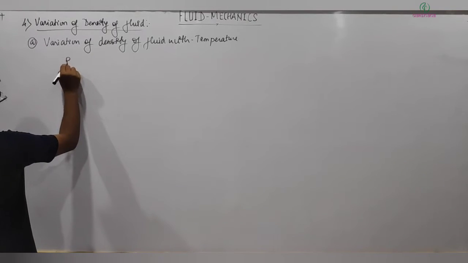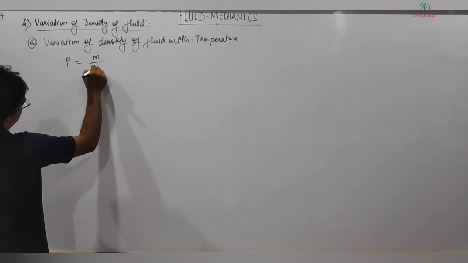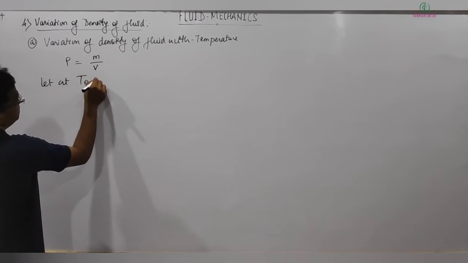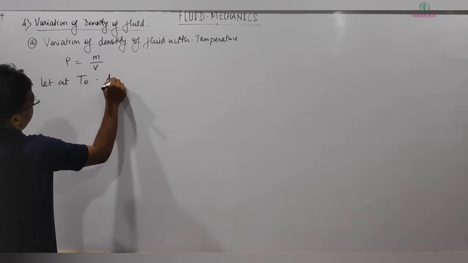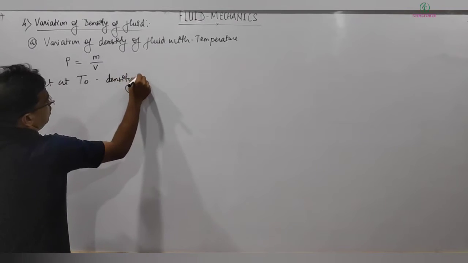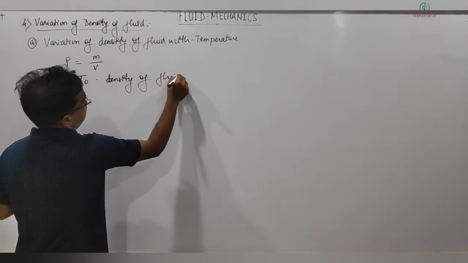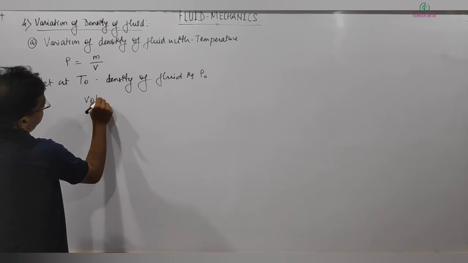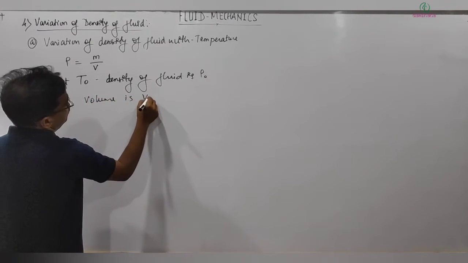So we know already rho is equal to mass upon volume. Let at T0 temperature, the density of fluid be rho naught, or I would say the volume is V naught.